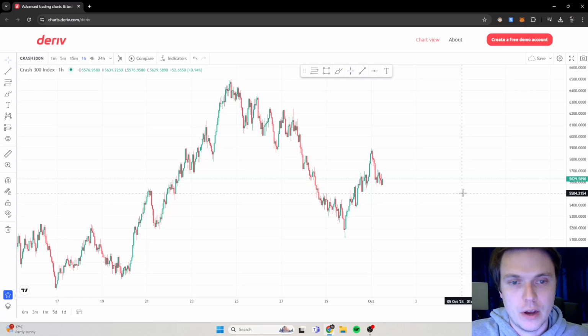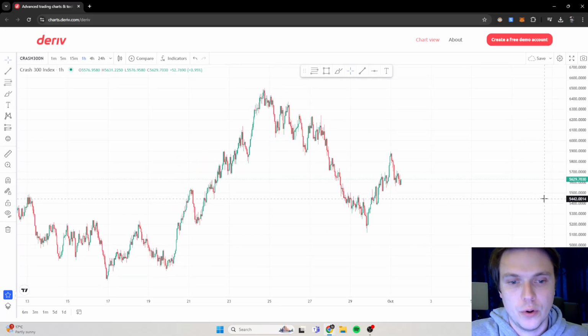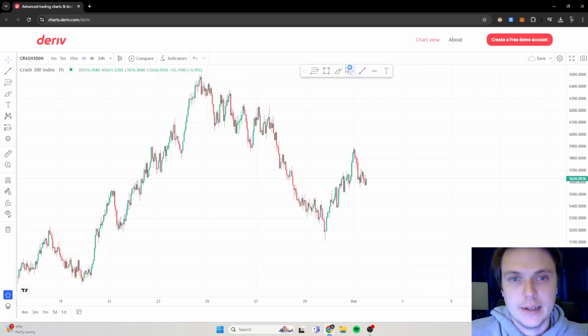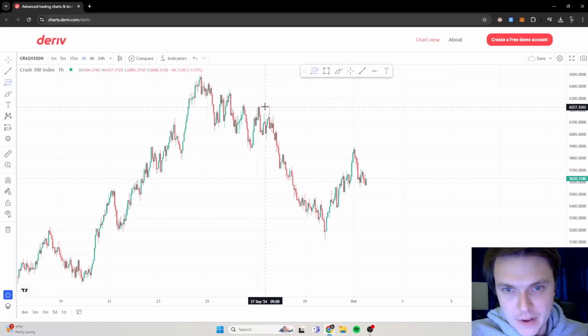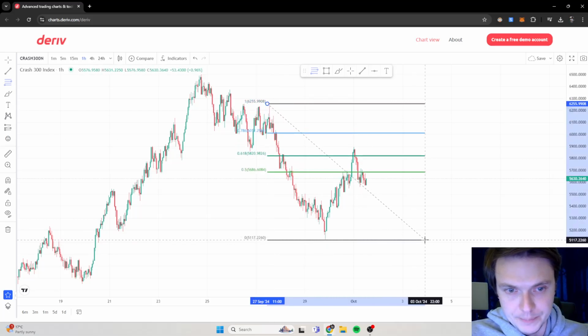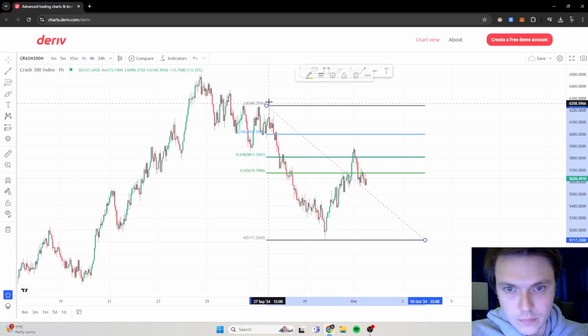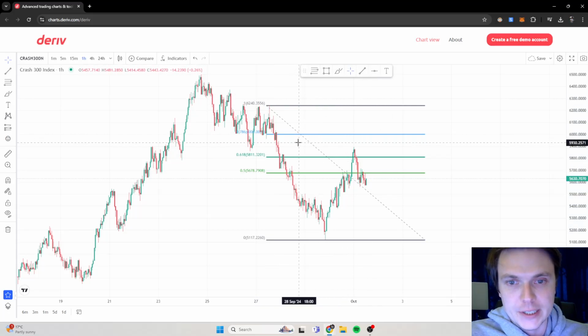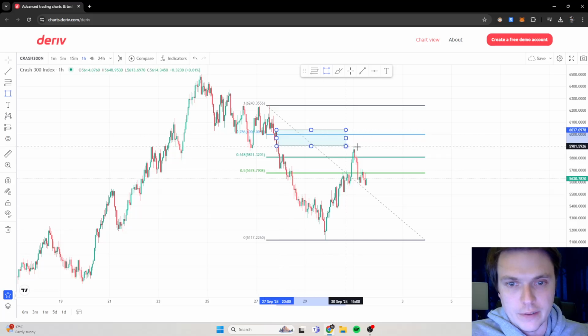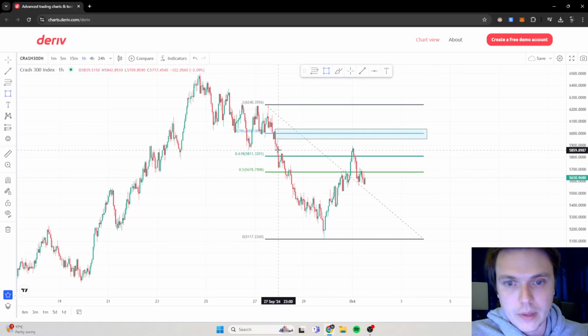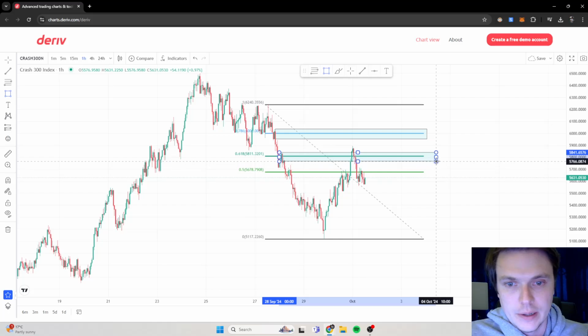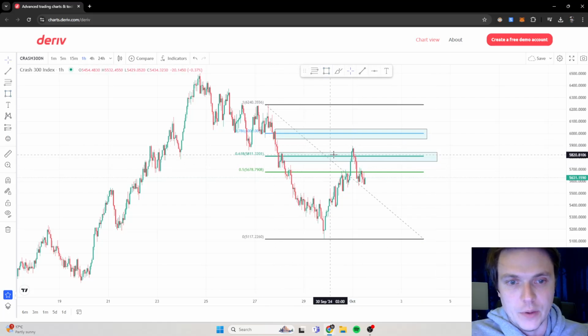Okay, so you guys are more than welcome to pause your screen over here, do your analysis. Okay, so after you've paused, let's quickly look at it. So this is an interesting one. If I fib from the top to the bottom, do it perfectly, you will see that there is an order block on the 78 and there is one on the 61 with a fair value gap in between.